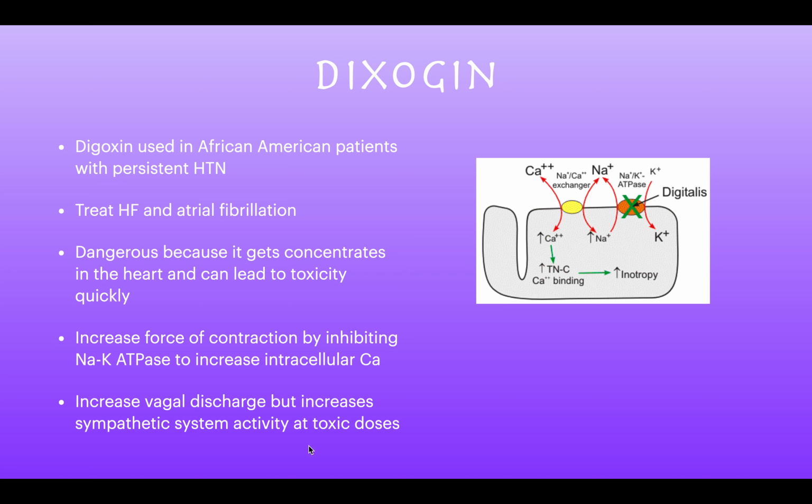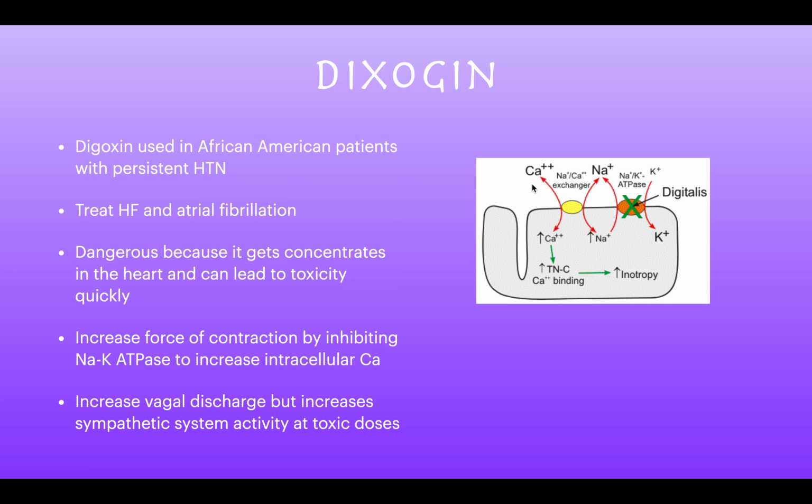So digoxin is used to treat heart failure and atrial fibrillation, and like I said, there is toxicity that occurs. It increases the force of contraction by inhibiting the sodium potassium ATPase, and by that more calcium is going to be accumulating in the cell, allowing more contraction to occur.